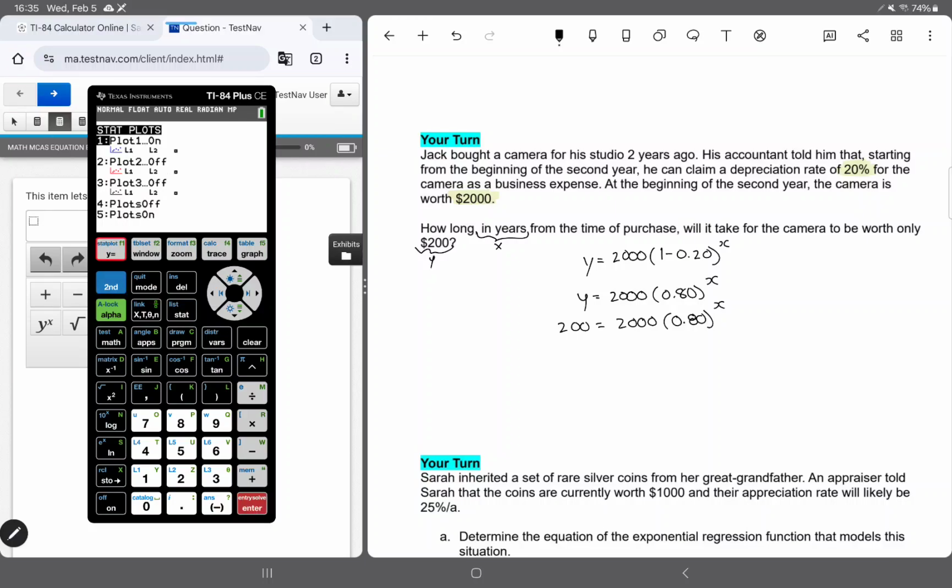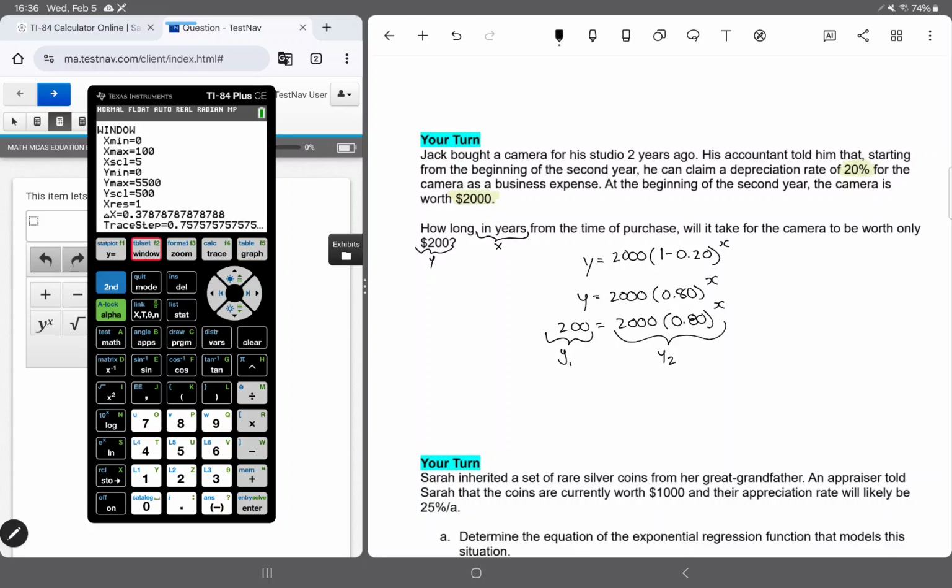Okay. Just going to quickly plot my stat plot off. Okay, so y1, y2. So we have 2,000, 0.80 to the power of x.